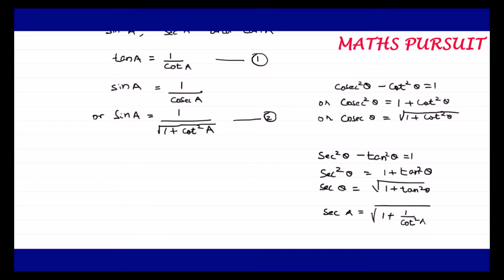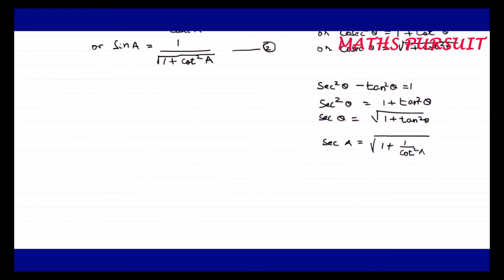Now guys, further we can solve this one. Sec A is equal to root over of cot square A plus 1 upon cot square A, or I can write sec A is equal to root over of cot square A plus 1, upon cot A, because root over of cot square A is cot A, so just cot A is left outside instead of inside the root.